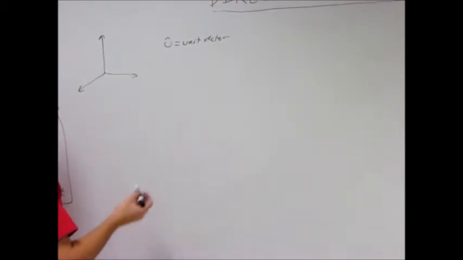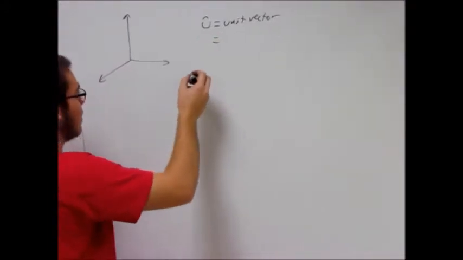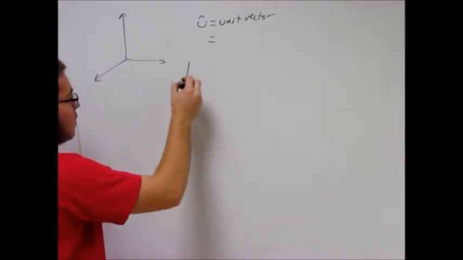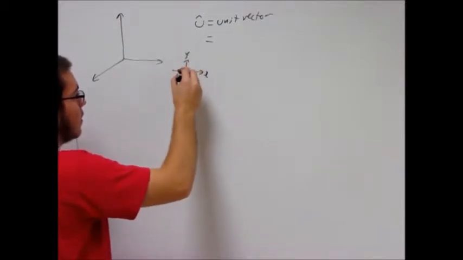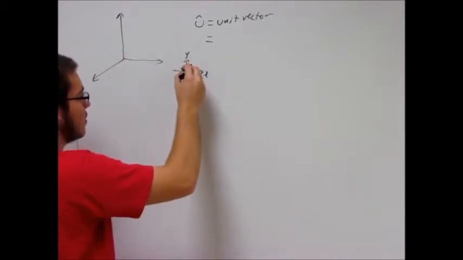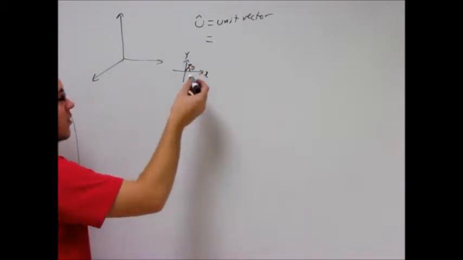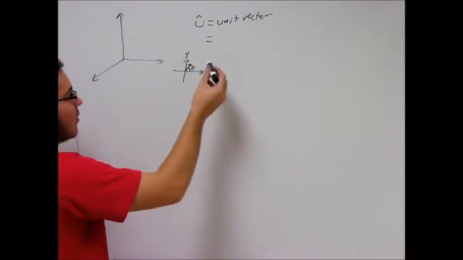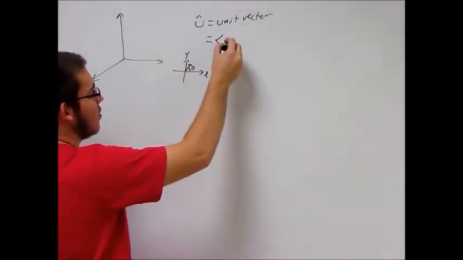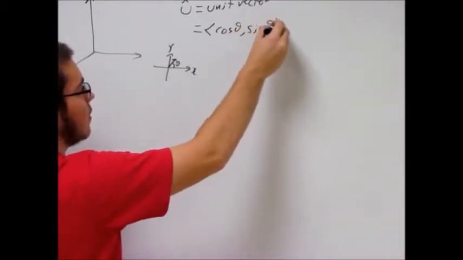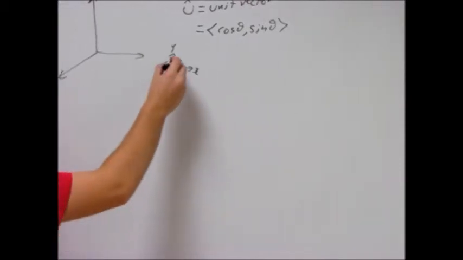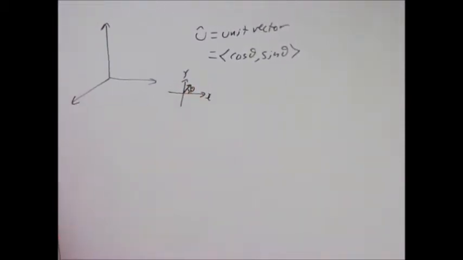Since it is a unit vector, the length is 1, and if we're writing it in terms of direction in the xy plane, we can describe it based on the angle from the origin as simply cosine of the angle, sine of the angle. And those are the x and y components.